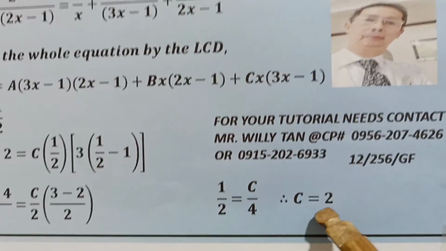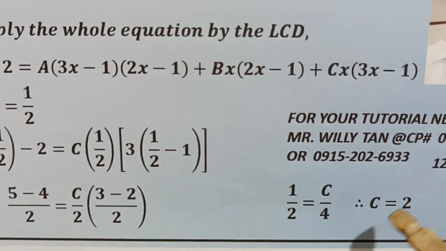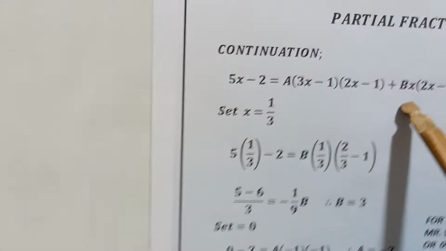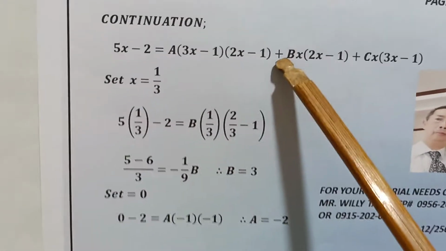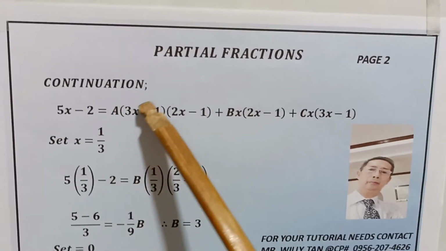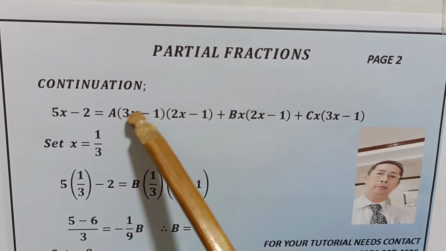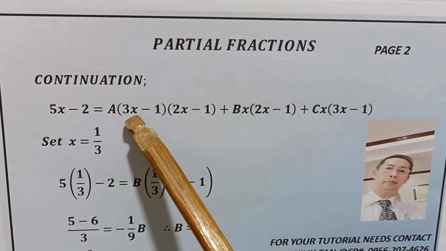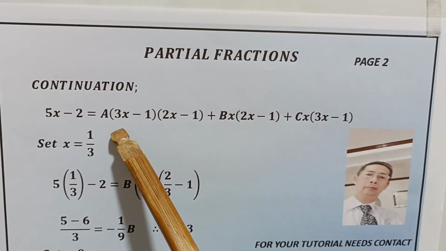So to continue, since we have already found the value of c, we look for the value of a and b. So we set x equal to 1/3 so as to get rid of a, and also c.